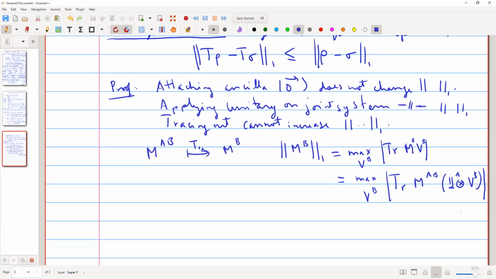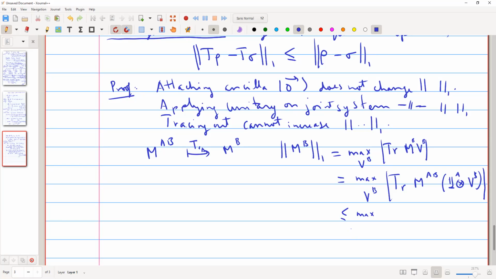I think I skipped this step. The second equality is one where you should give some thought, but for now let us believe this equality.